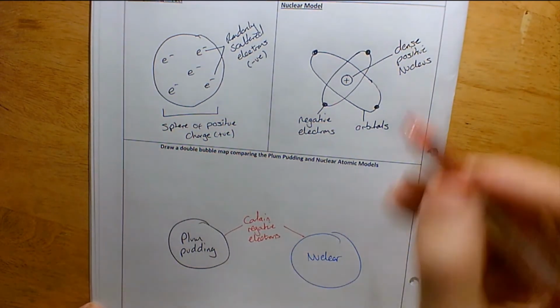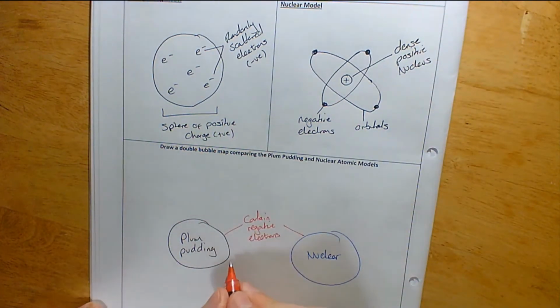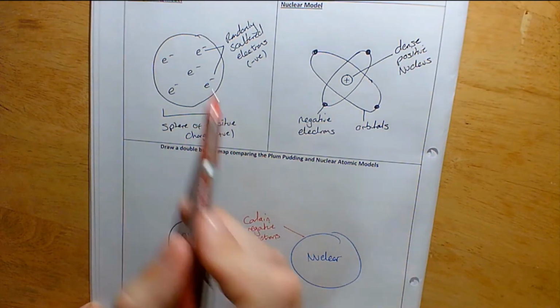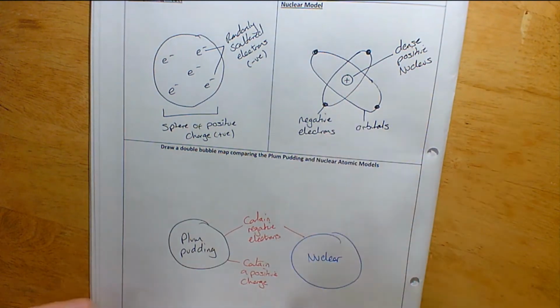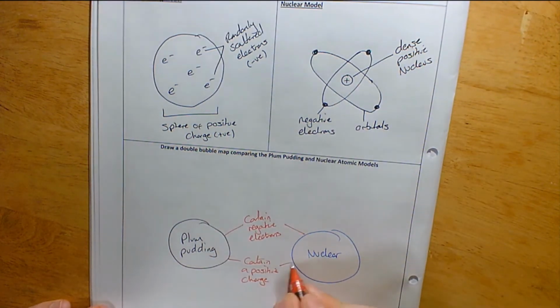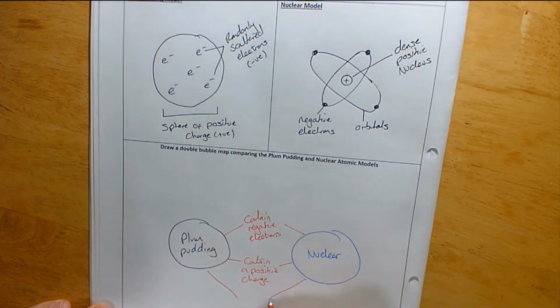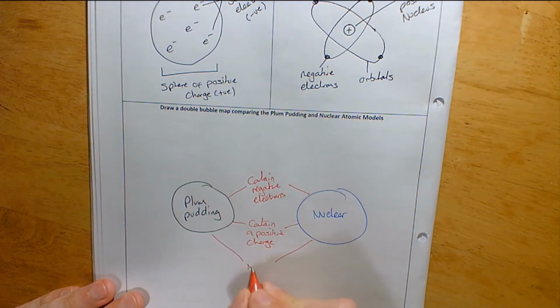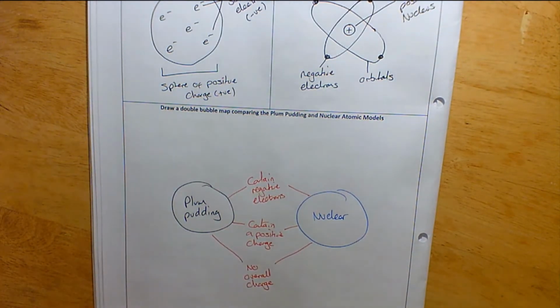They both contain something with a positive charge. Now they are different. I mean, the positive charge here is a sphere of positive charge, whereas here it's a positive nucleus, but they both contain something positive. And importantly, because they both contain something negative and something positive, they have no overall charge. So in both models, the atom has no charge overall.